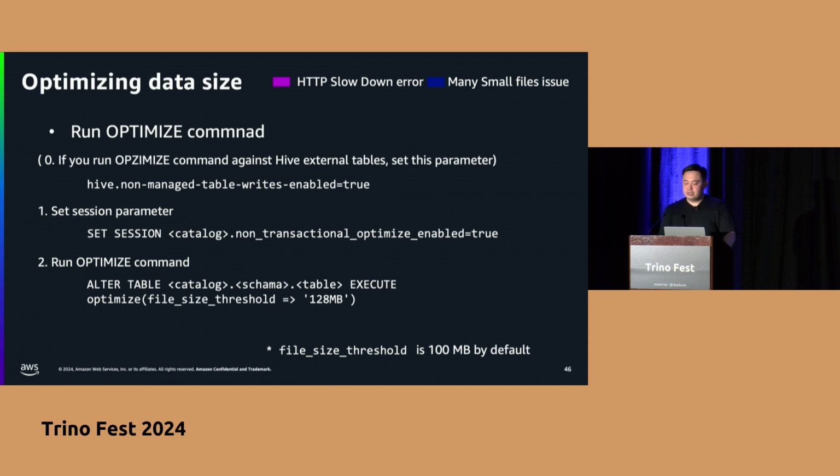The optimize command is disabled by default, so you need to enable this session property before running the optimize command. Then run the optimize command. If you set the file size threshold parameter, all files in the table that are under 128 megabytes in size will be merged in this case.